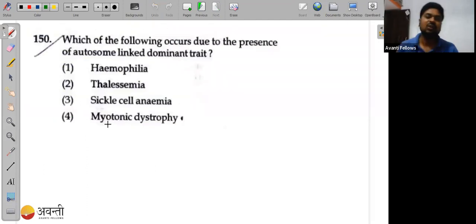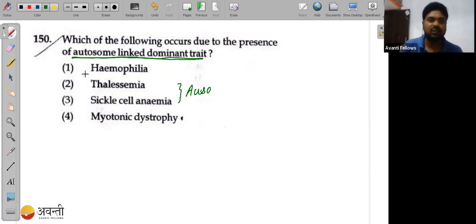So next is, which of the following occurs due to the presence of autosome linked dominant trait? यहाँ पर बोला गया ऑटोसोम लिंक्ड डोमिनेंट ट्रेट को हमें फाइंड करना है और ऑप्शंस आर हीमोफीलिया, थैलेसीमिया, सिकल सेल एनीमिया, मायोटोनिक डिस्ट्रोफी. Okay, and whenever we talk about thalassemia and sickle cell anemia, थैलेसीमिया और सिकल सेल एनीमिया के बारे में अगर बात करें, so it is the autosomal recessive disorder.